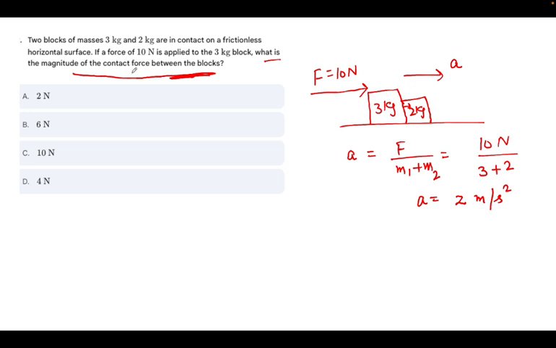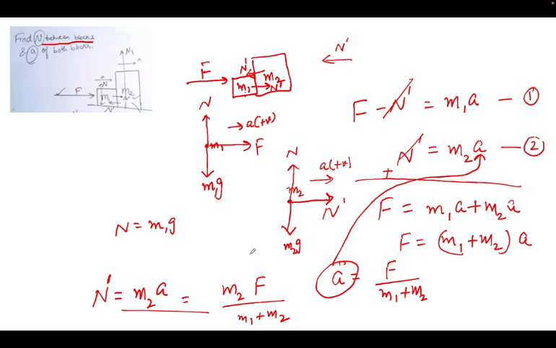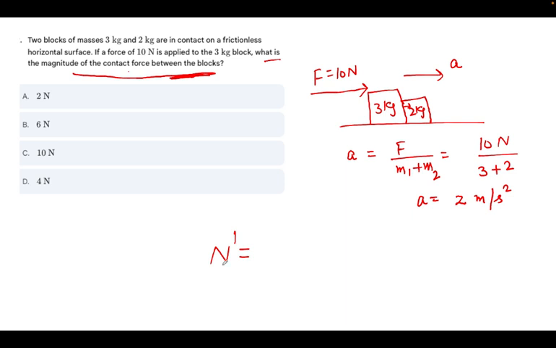So the force acting between these two blocks is n dash, and we have derived the formula n dash equals the second mass multiplied by acceleration, or you can use the formula m2 F over m1 plus m2.